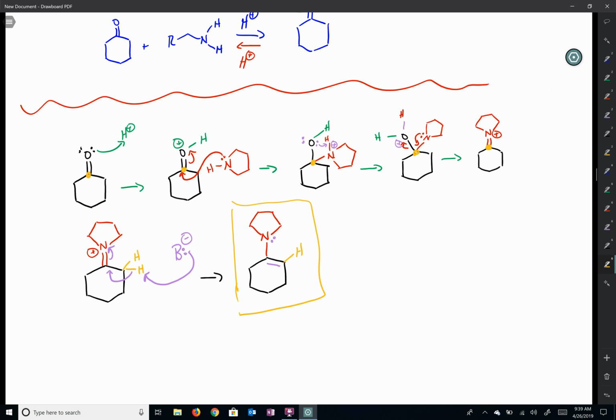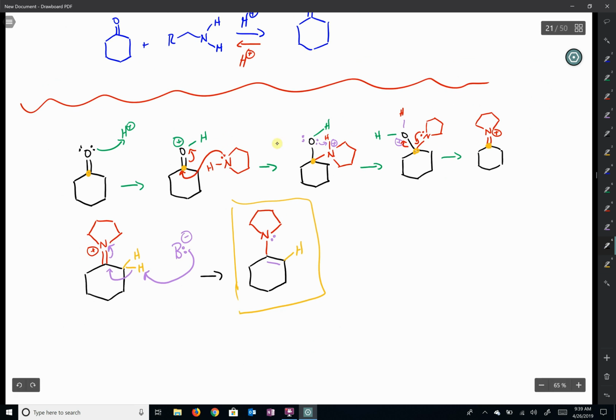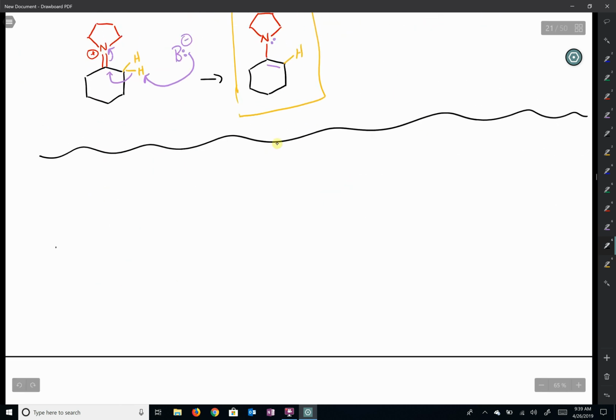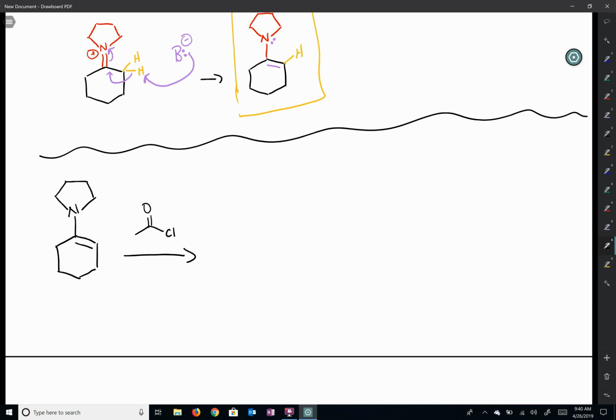Fantastic. All right, so let's take our enamine here, and then let's do a couple quick examples of what we can do with it, right? So if I take Mr. Enamine, and if I put this in the presence of, let's say, just generic Mr. Acyl Halide, okay?